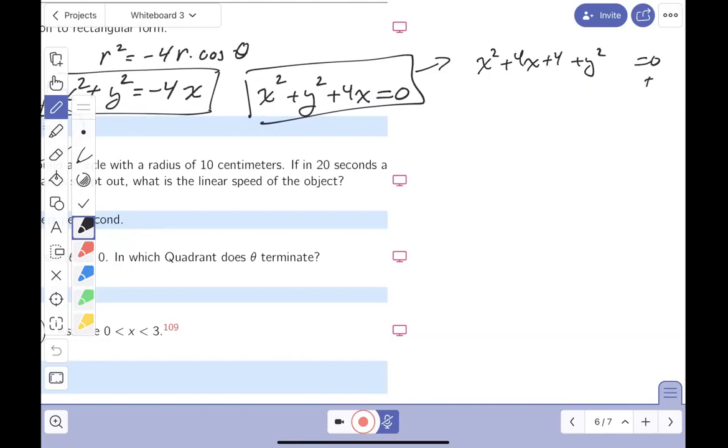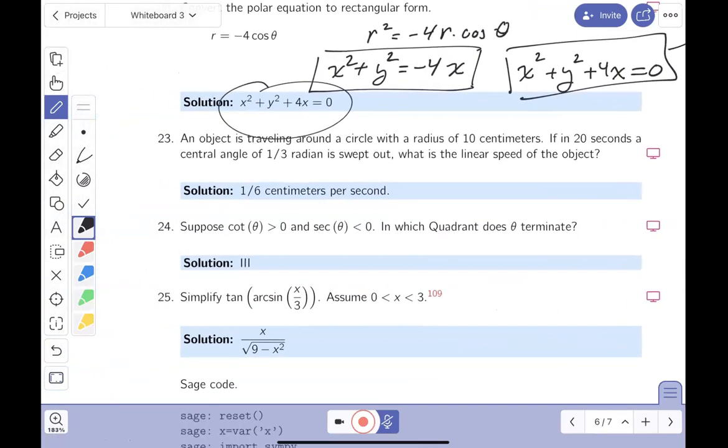Plus 4 plus 4. This would be x plus 2 squared plus y squared is equal to 4. I recognize this is a circle now, where the center would be minus 2, 0, and has a radius of 2. Looks like this over here. All right, fairly easy. They didn't ask you to do that, though, by the way.